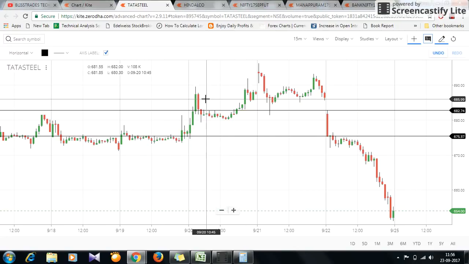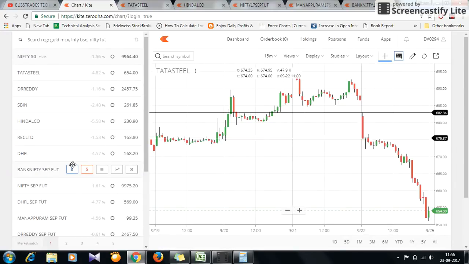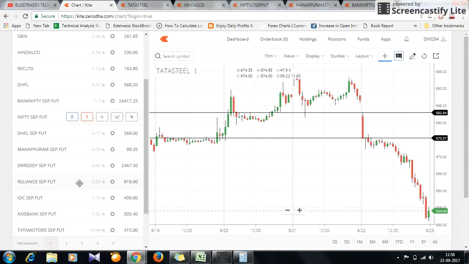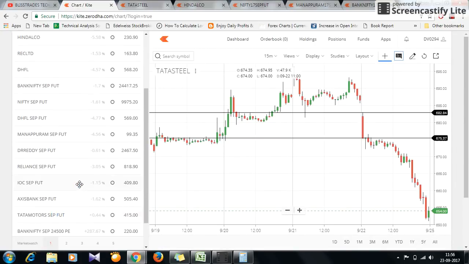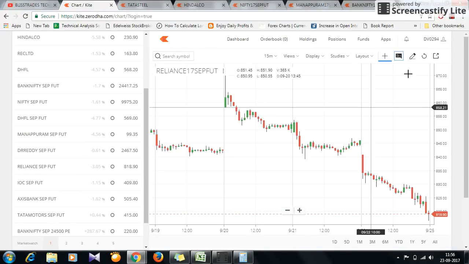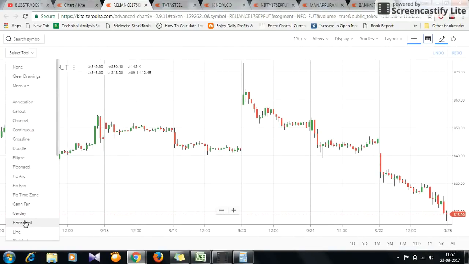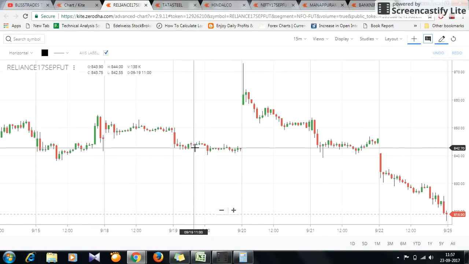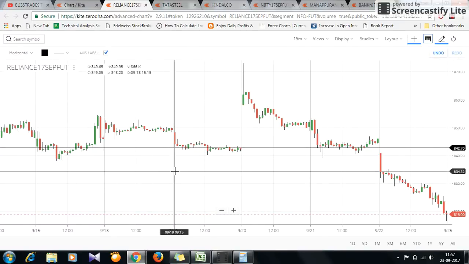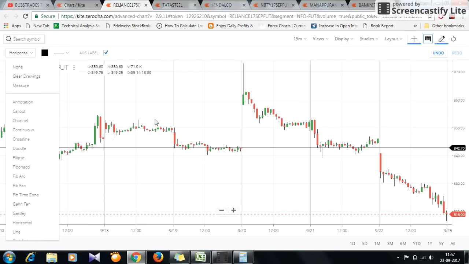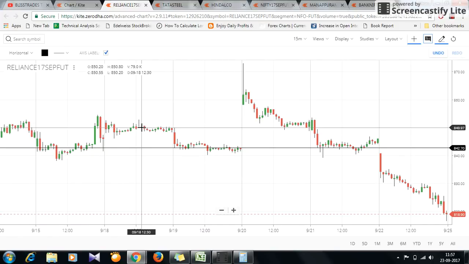Another example I can give you is, I just pick up Reliance Industries here from my chart. See, here you have the PDC, right? And we had the PDH on this day here.